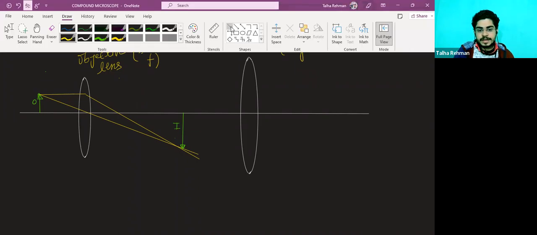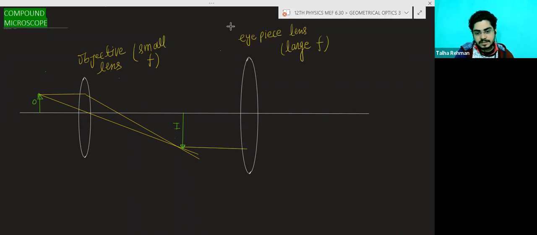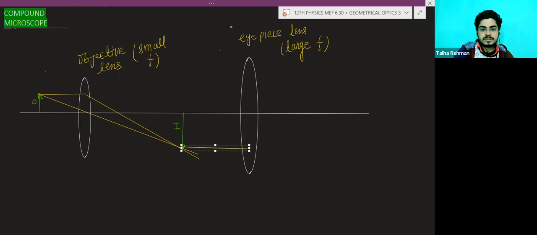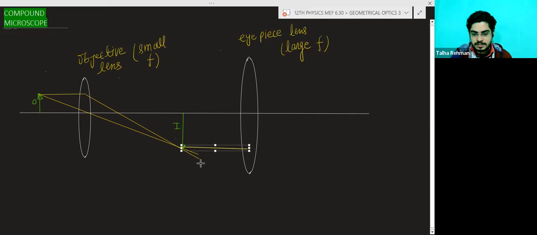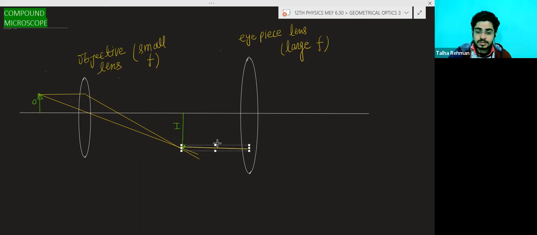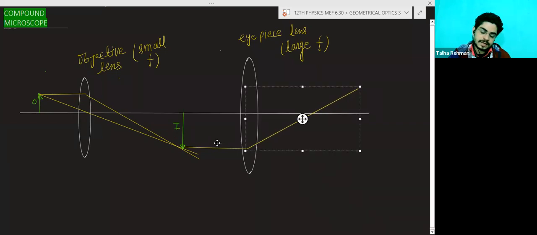So now we will draw the ray diagram again. The first ray is like this, and it will pass through the focus. After this the ray is parallel, na? So a parallel ray, whenever it passes through the lens, will pass through the focus, like this.